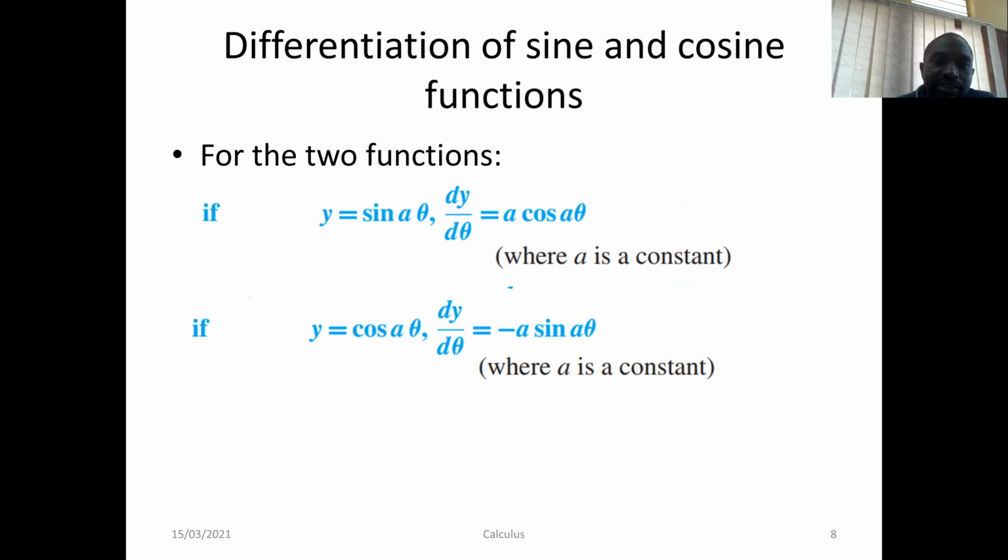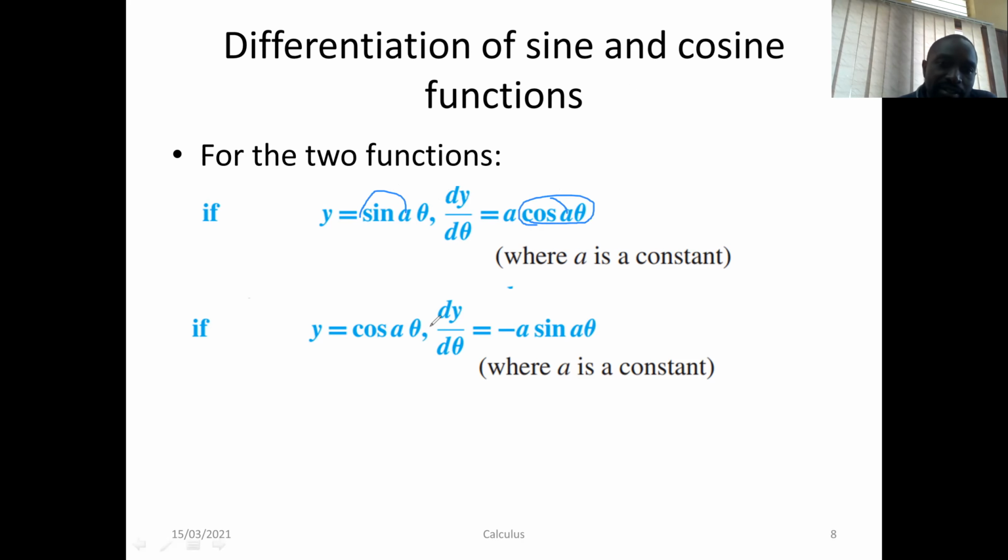Now, given a sine function y equals sine a theta, where theta is an angle, we can find the derivative dy over d theta, or the rate of change of y with respect to that angle theta, simply as: for a sine, you get a cos a theta. You first of all bring the coefficient a here, and then find the derivative of sine, which is basically cos a theta.